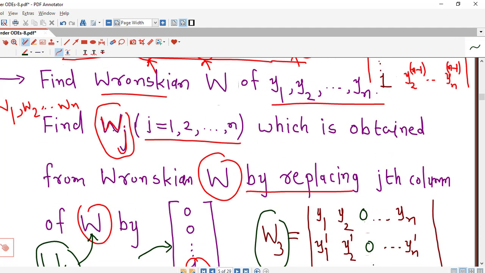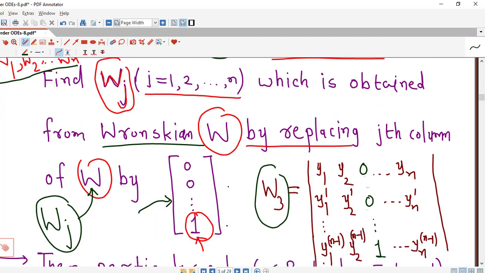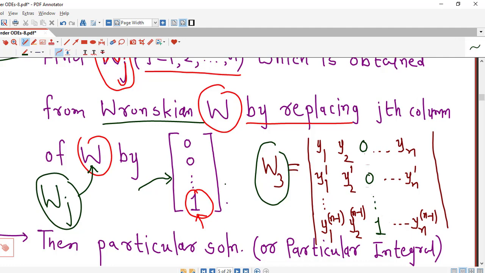So we have to obtain n other determinants w1, w2, wn from the Wronskian w, remembering that wj is obtained from w by replacing the jth column of w by 0, 0, 0 and last entry 1.